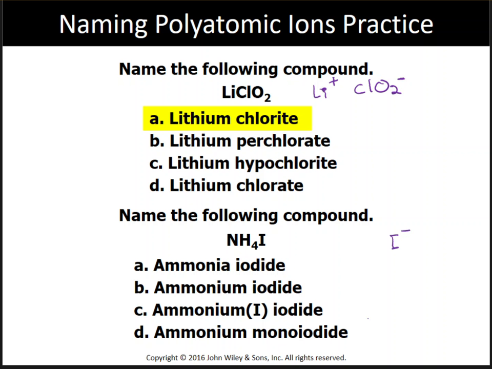So if iodide is negative 1, it means that the ammonium ion has to be a positive 1. Now the name of this compound is ammonium iodide. So once you memorize the name, formula, and charges of polyatomic ions, naming them is really not that hard.